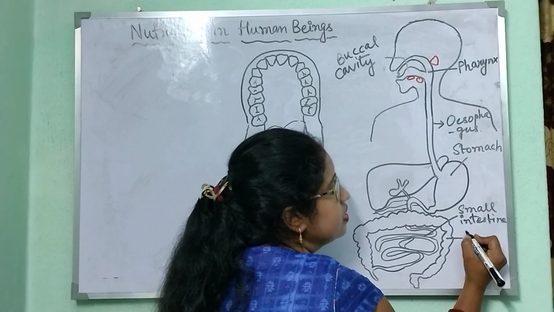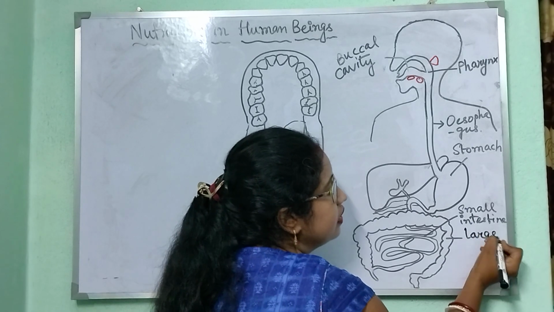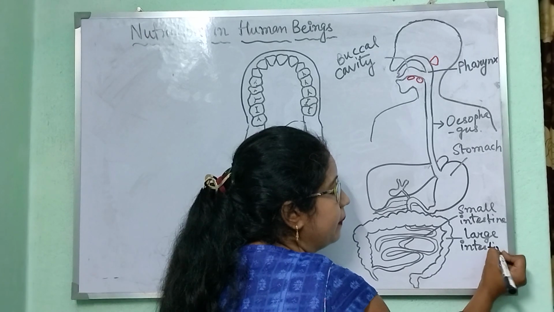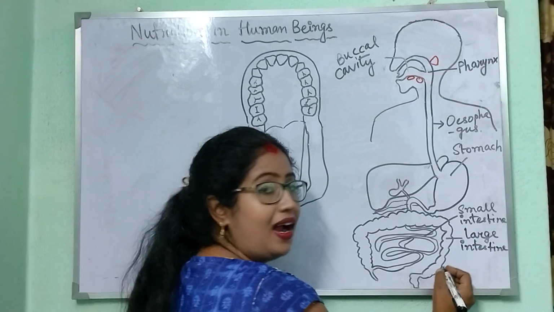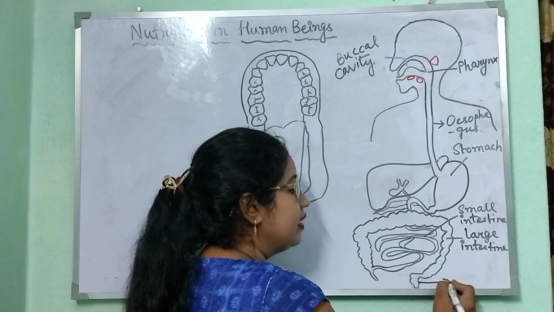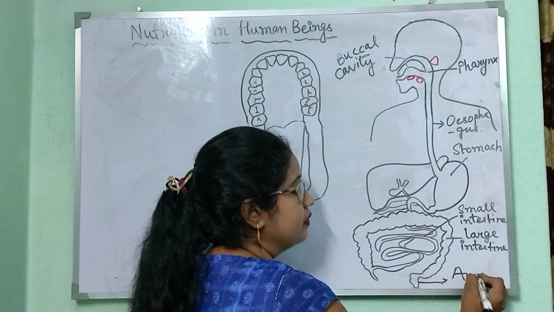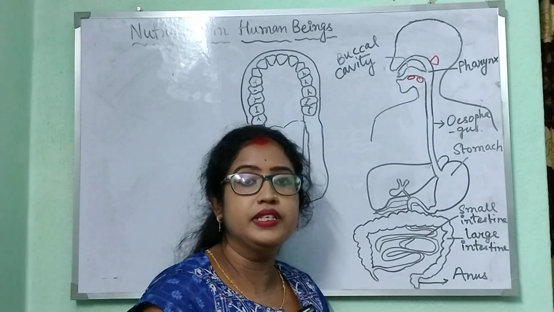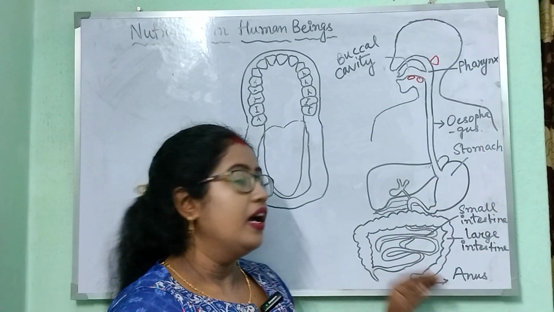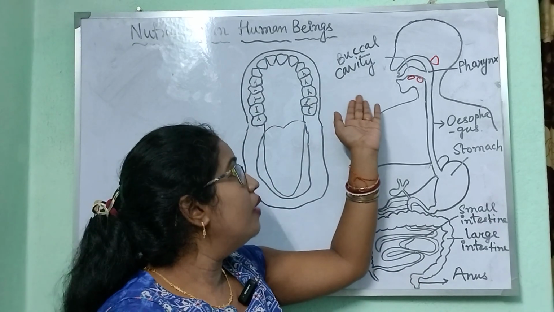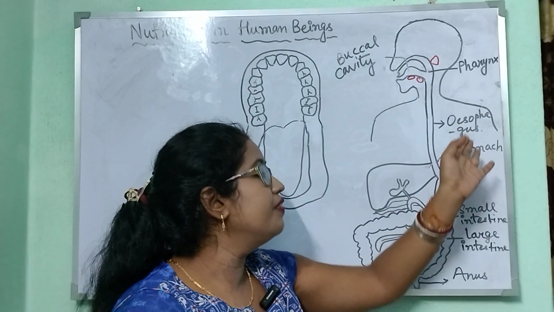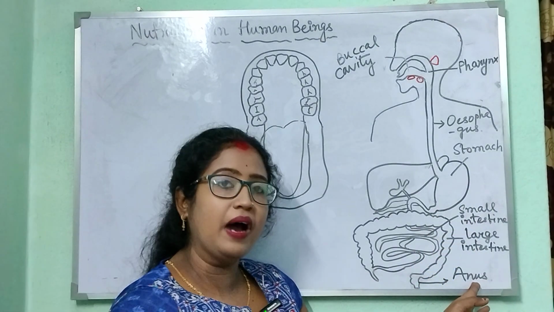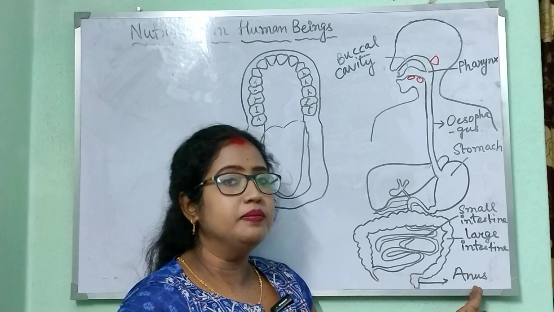This large structure is known as the large intestine. And this large intestine ends in the anus. So this is our alimentary canal. The mouth, buccal cavity, pharynx, esophagus, stomach, small intestine, large intestine and anus are the different parts of our alimentary canal.